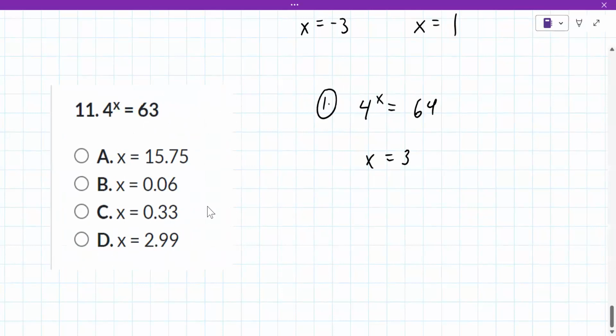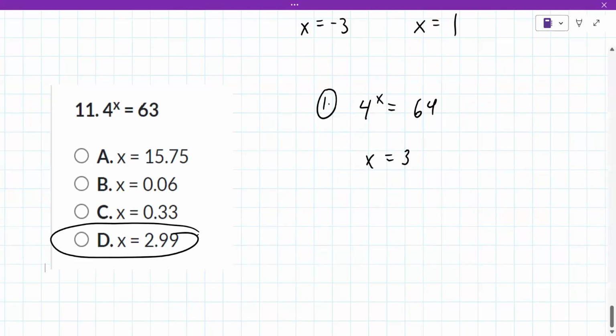Very close. So which number here is really close to 3? D. Easiest problem solved. No work needs to be shown. There is a way to do it, but it's so close there's no reason to.